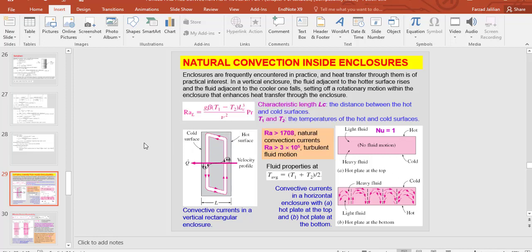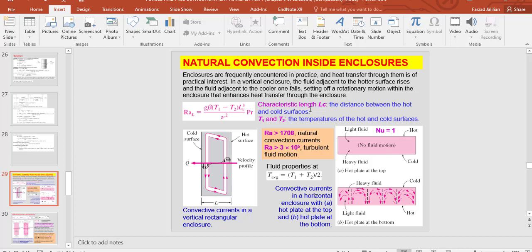But for an enclosure with a bigger size, usually we don't use a fan, and the heat transfer inside is due to the convection and motion of the fluid inside the enclosure, due to the buoyancy and friction forces between the surface of the enclosure and the fluid inside.